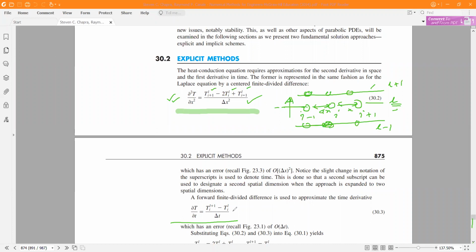One is L plus 1, another is L. That means by using these two. So at a particular I, if you want to find the computational molecule, then you will see that you will have 3 grid points in X: I minus 1, I, and I plus 1.